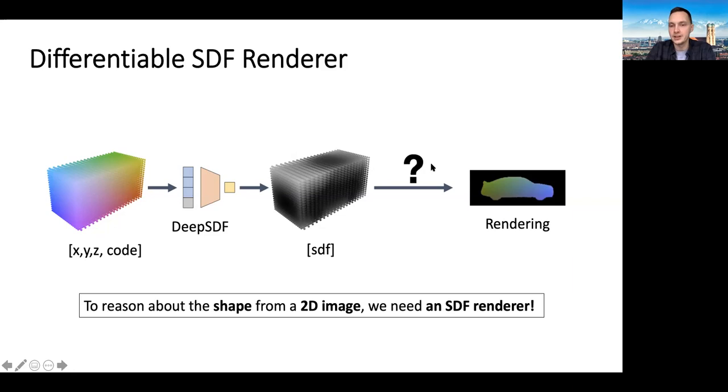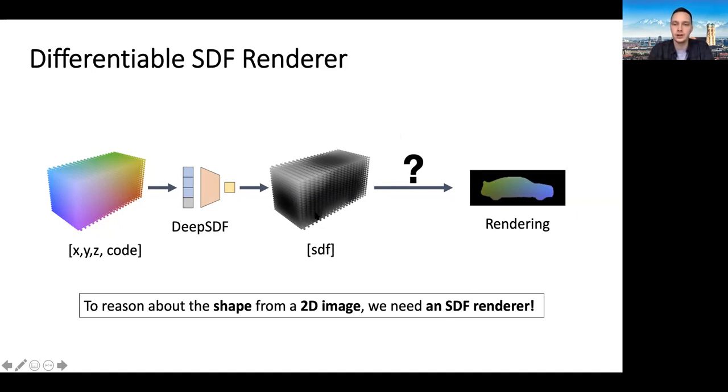The next question was, how can we actually render this representation and make a 2D image out of it? Because what we have is just an array of 1D values and the XYZ grid. We cannot simply render it, and usually what we need for a renderer is a triangular primitive representation, something that consists of triangles. With an SDF, the very common way to render it is through ray marching.